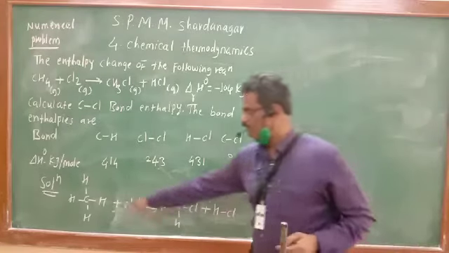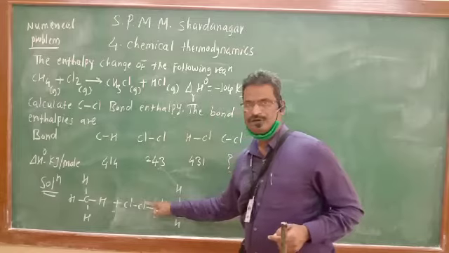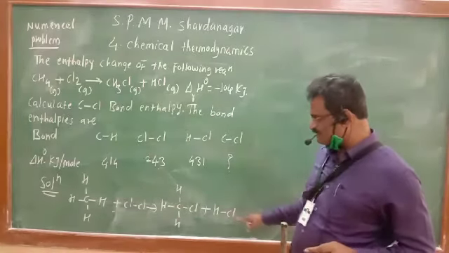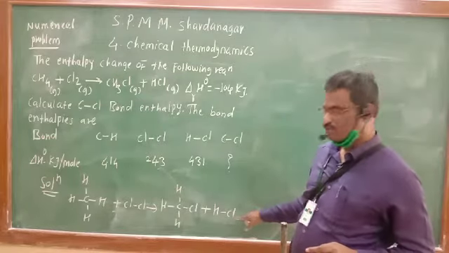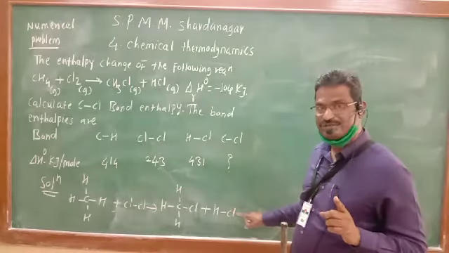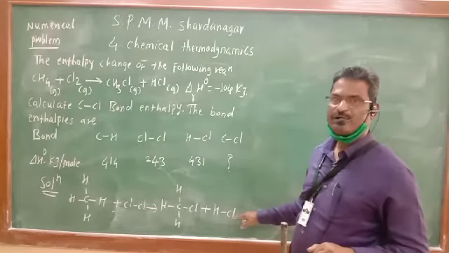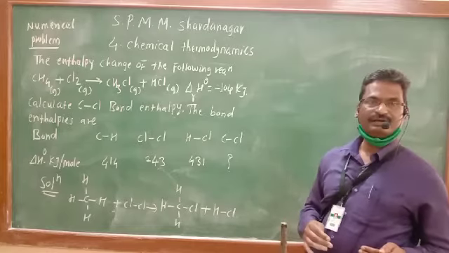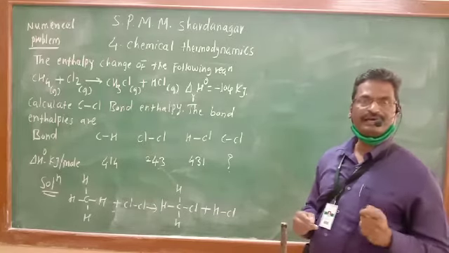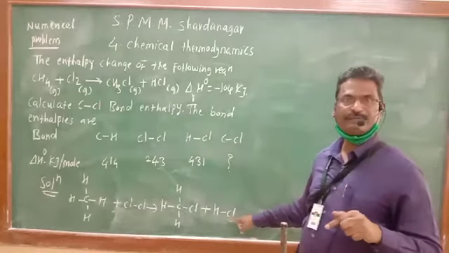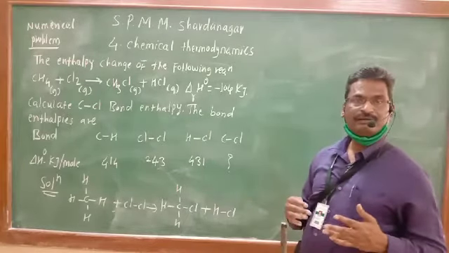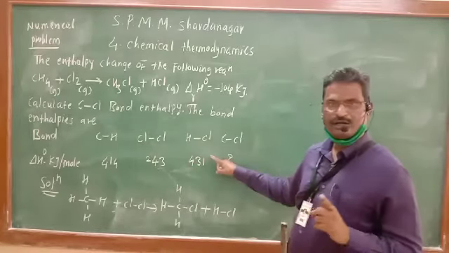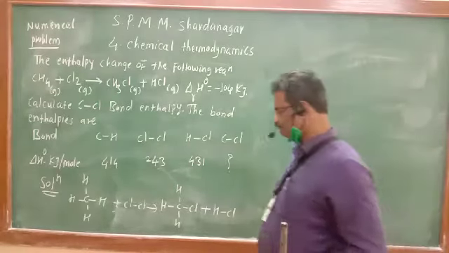The bonds in the reactants are broken and bonds in the products are formed. So the bond between H and Cl is formed. Whether it will have negative sign or positive sign? Negative sign, because bond enthalpy is the enthalpy change required to break a bond, but here it is the bond formation. So energy is evolved, and it has a negative sign.